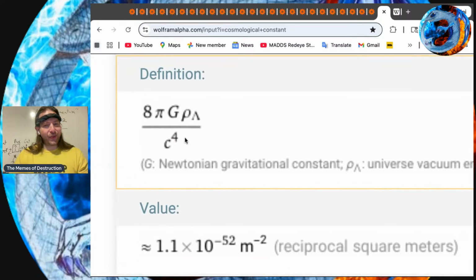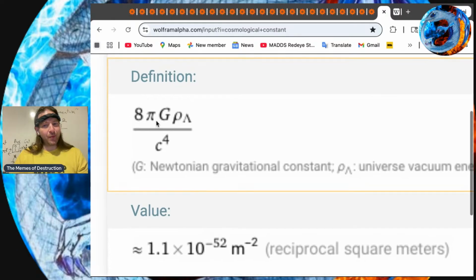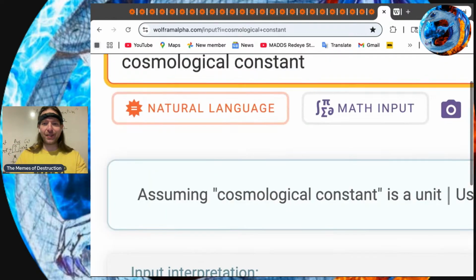And this is also something that can be kind of confusing sometimes because of this whole 8 pi G and everything like that, like 8 pi G divided by c raised to the 4th. This is 8 pi divided by the Planck force, because the Planck force is the speed of light to the 4th divided by the Newtonian gravitational constant. It's just going to come out with dimensions of force.